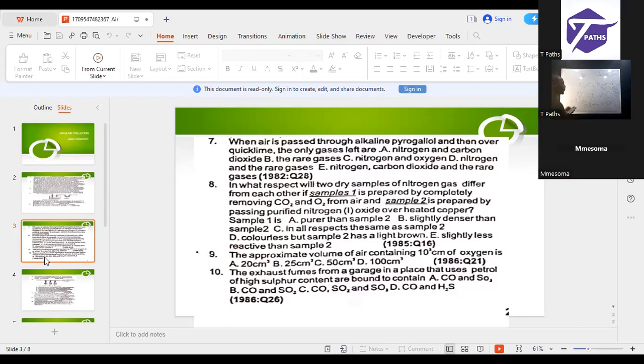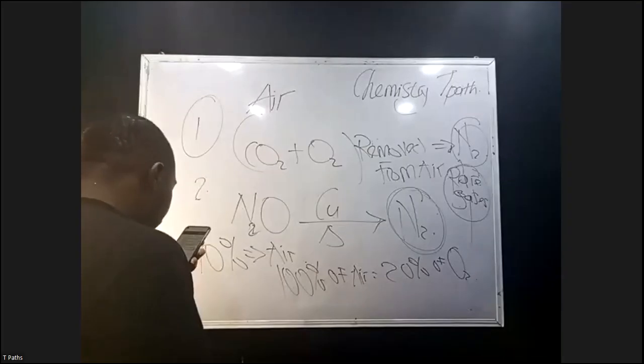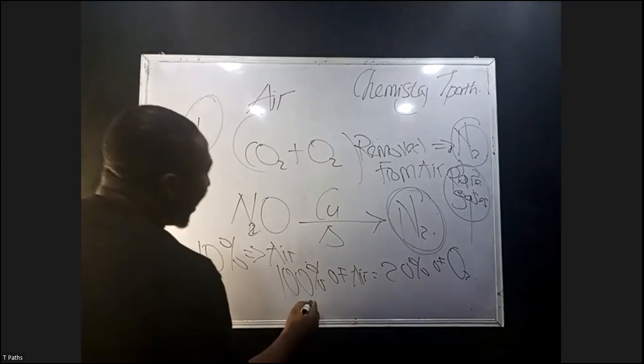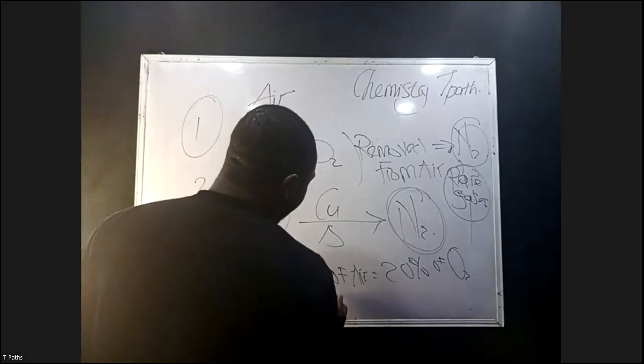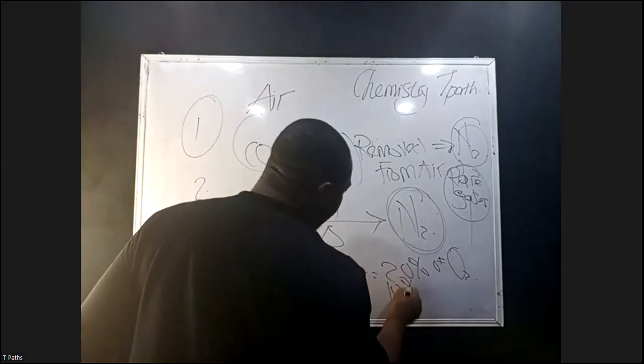Therefore, we don't know the amount of air, but it will be about 20% of air. So what should the volume of air be? I don't know. X% is equal to 10% of O2.